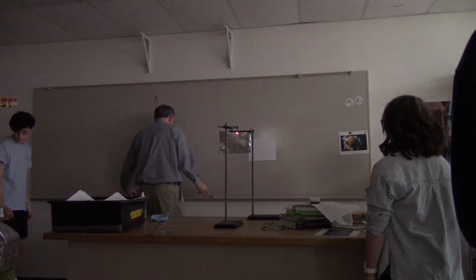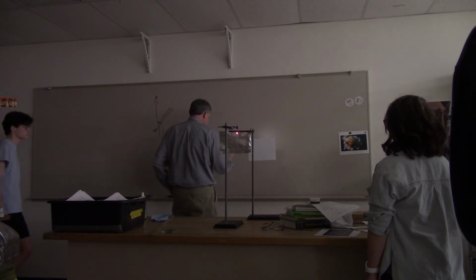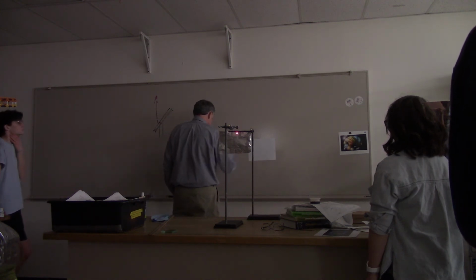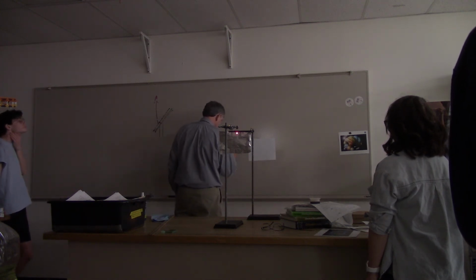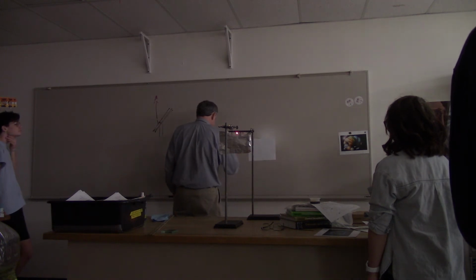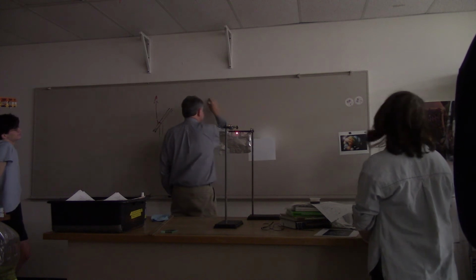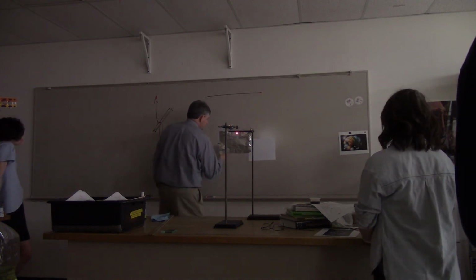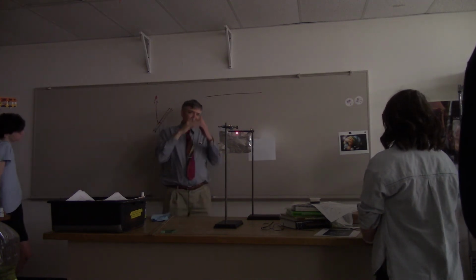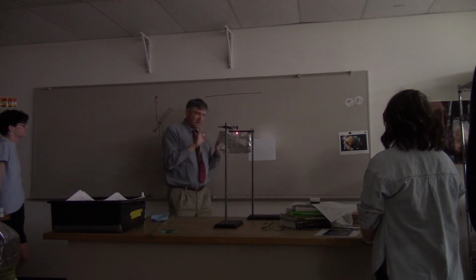So I'm going to go turn the front set of lights back on. I'm going to wing this drawing, so stay with me here. So here's the opening, okay? And so you get these waves coming through, right? And here's the string. Even though it's acting as a wave, we actually draw it as a ray.